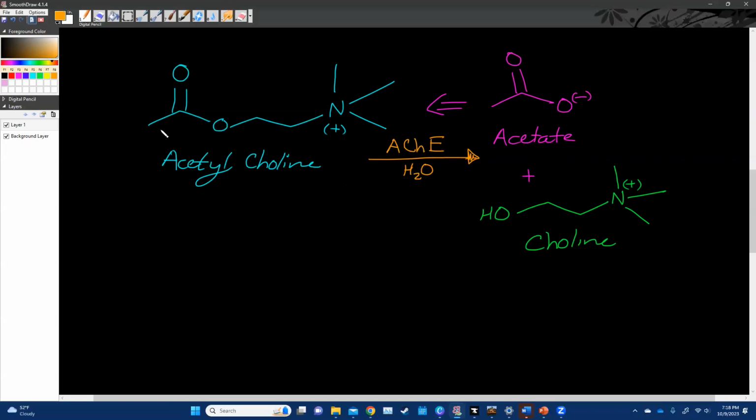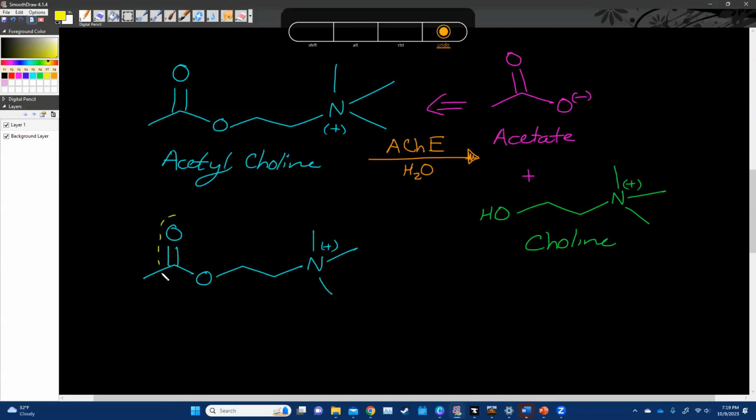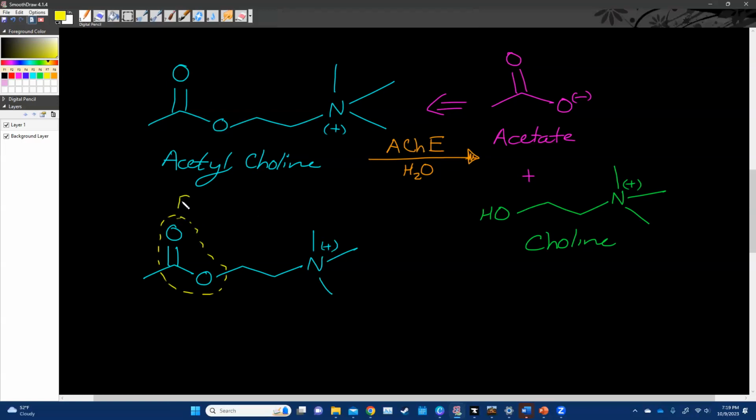So the big thing to understand about acetylcholine, and this is what I really want you to focus on when we talk about acetylcholine drugs, cholinergic drugs, is that this ester group in acetylcholine, here we have an ester.